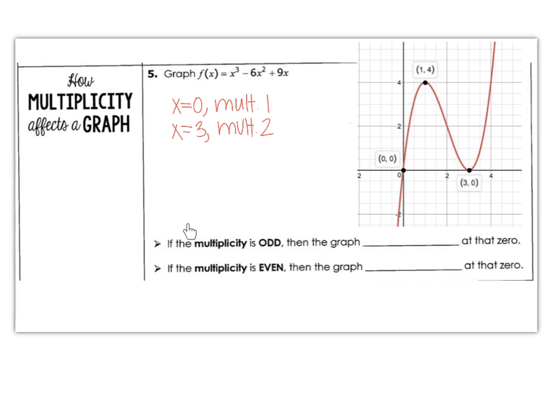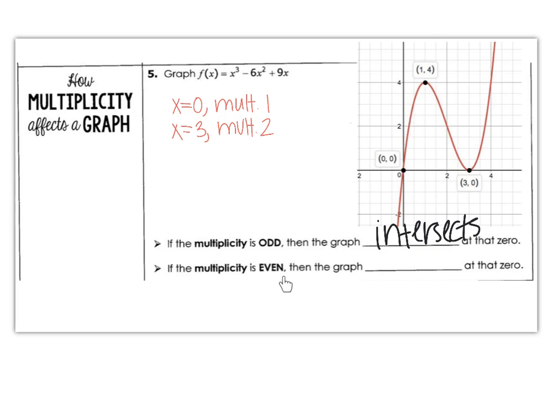So when we look at multiplicity, when we have an odd multiplicity, so when multiplicity is 1, 3, 5, just like this one right here, then the graph intersects or crosses at that 0. You can say intersects, you can say crosses, same thing. We see that it goes through the 0.